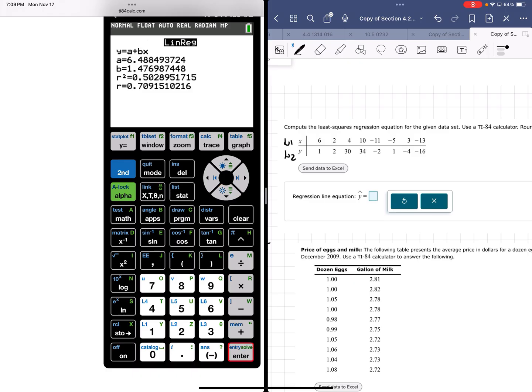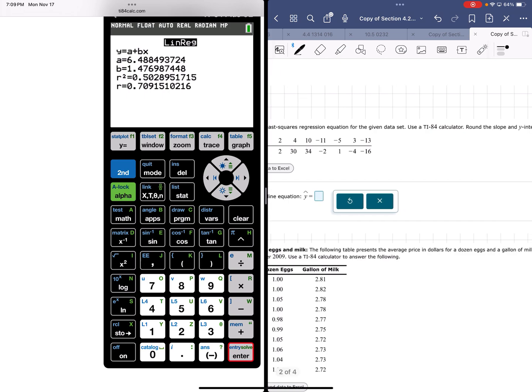We want to calculate. They give me the same thing. It's just in a different format, okay? You just have to pay attention to where those numbers go. So I've got y hat equals, this time B is going with X, and it's just because I picked it that way. Told it to report that way.